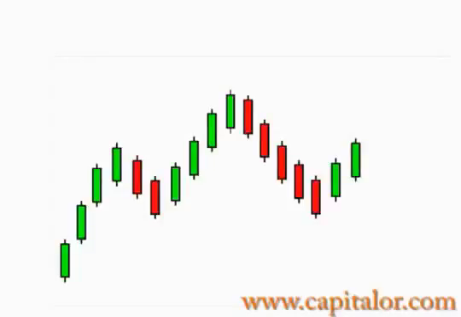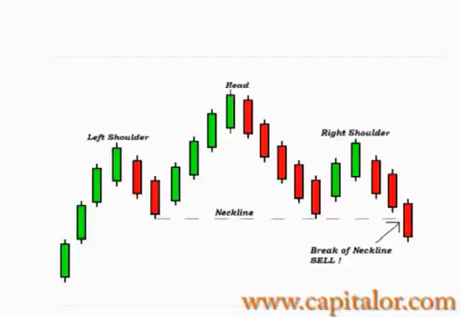It is up now 2 candles, but then reverses again, goes down a little more, even further, and there you can see the last formation of this pattern. The right shoulder has emerged, and when this candlestick started to form and got below the dotted neckline, this was your signal to sell.